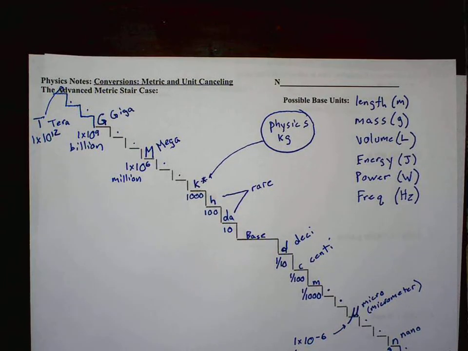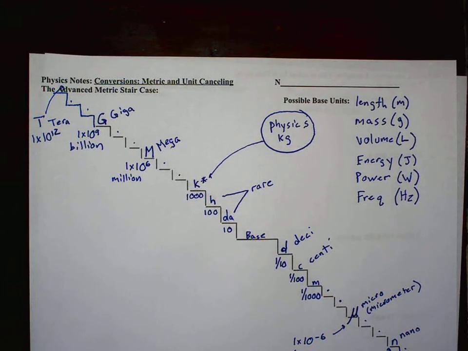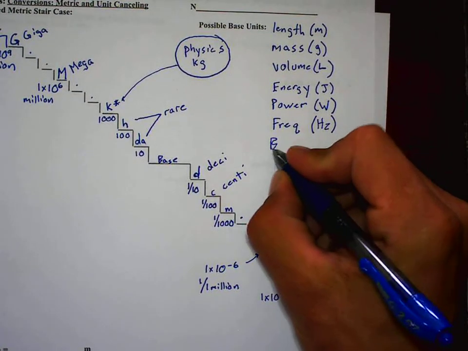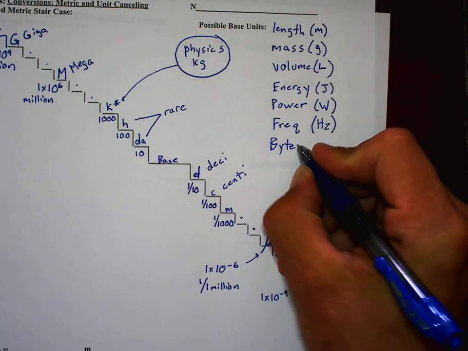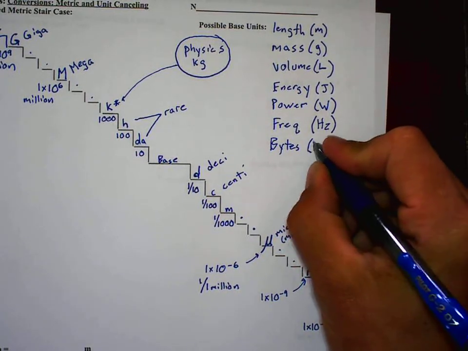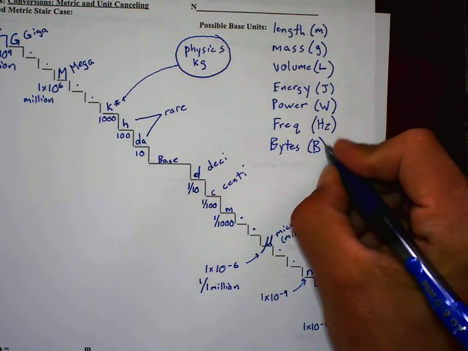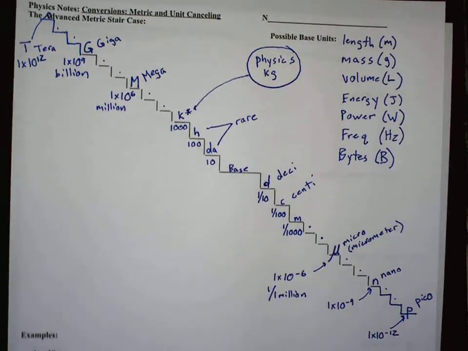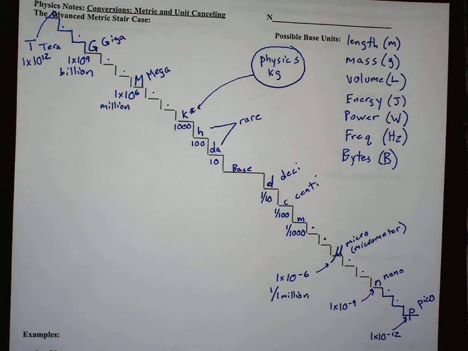Gigatera. What's common storage? Bytes. Yep. So we can go over here. Bytes, spelled with a Y. We can even put that on the metric staircase.